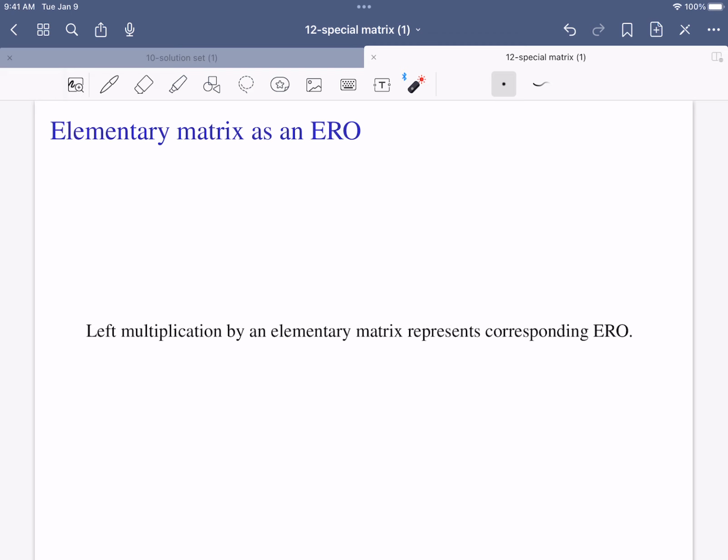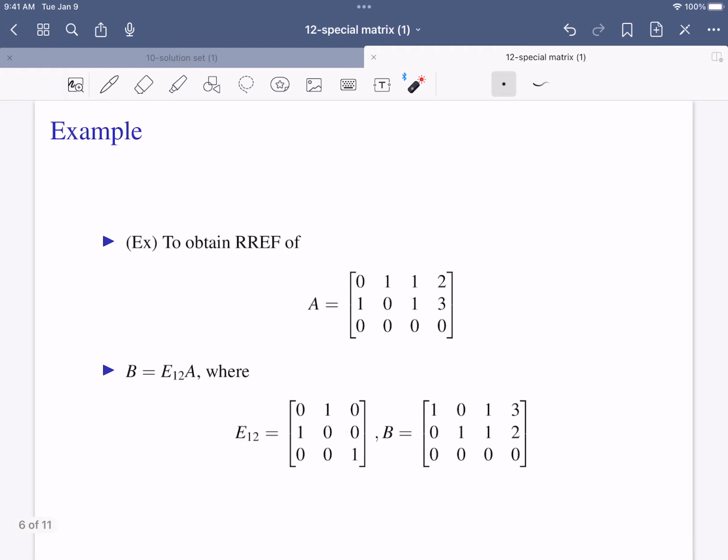Matrix computation is addition, multiplication, or transpose. So every ERO we introduced at the beginning of the term can be formally written as multiplication in matrix algebra. So this is what it means.